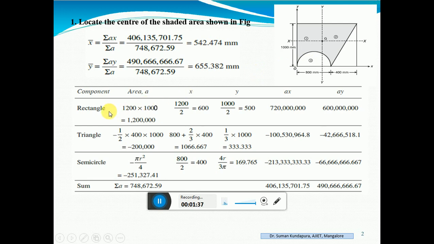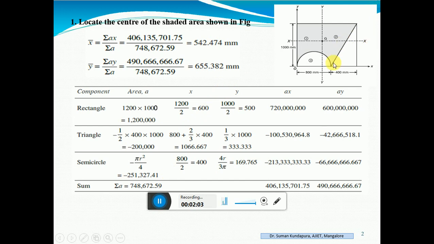A rectangle whose area is 1200 into 1000, and what is the x distance? X distance from the y axis is 1200 by 2, which is 600, and the depth is 1000 divided by 2, which is 500. Multiply area into x, area into y, and fill it in the respective columns.